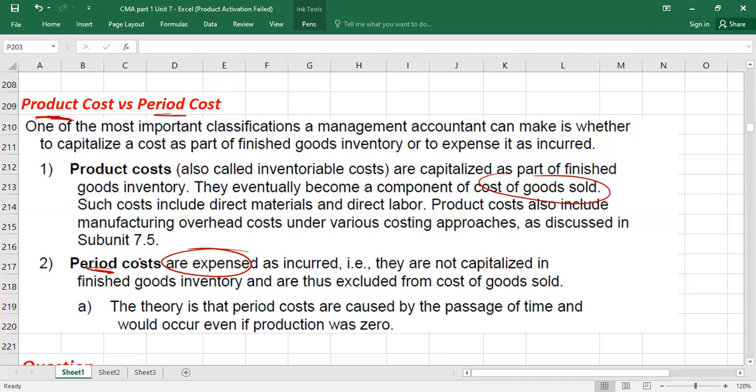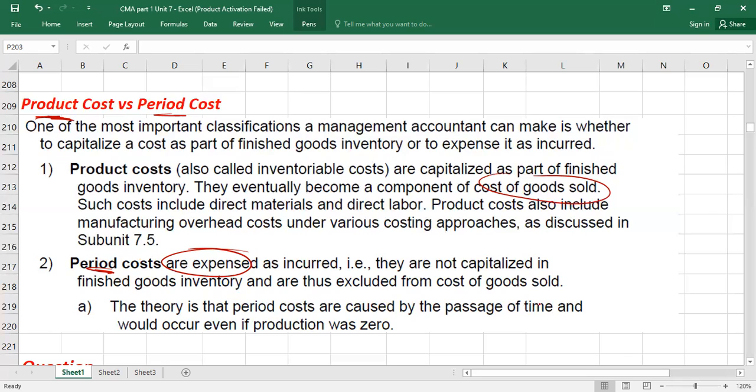Simply remember so far: number one, product cost will be part of the product and it will be written under the cost of goods sold section. And period cost is not part of the product cost, so obviously it will not be written under cost of goods sold. It will be written somewhere in the expenses section. But each costing method will define it later. As per this method, these costs are period, these are product. Every costing method has slight differences, that we will go through.